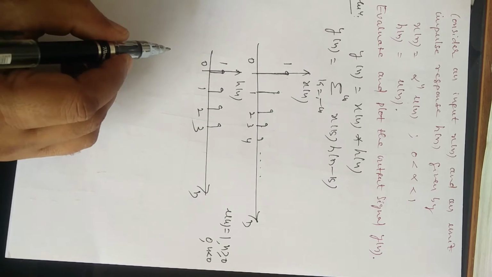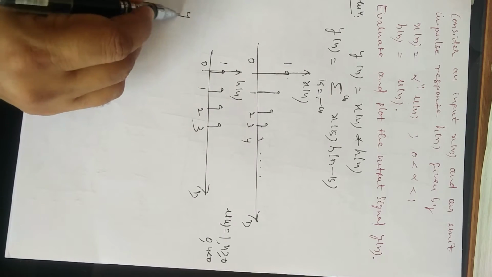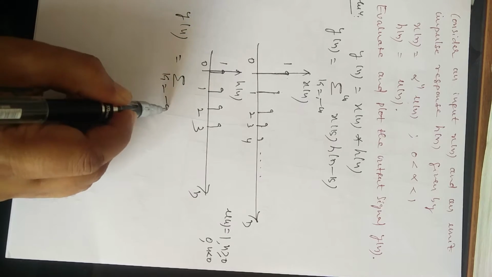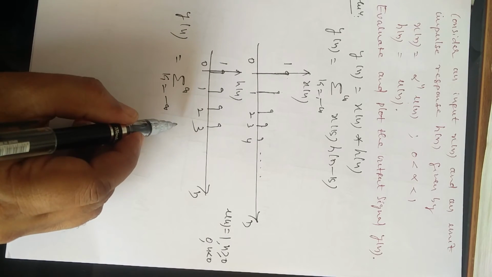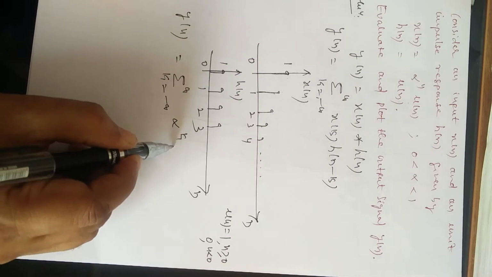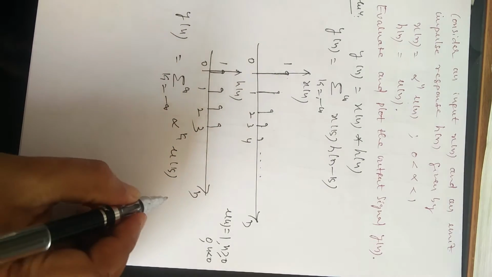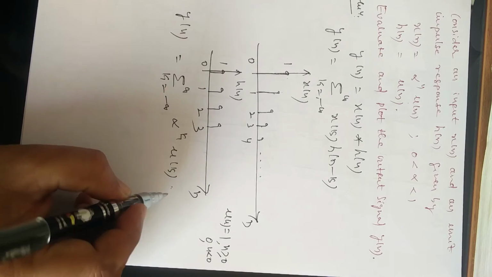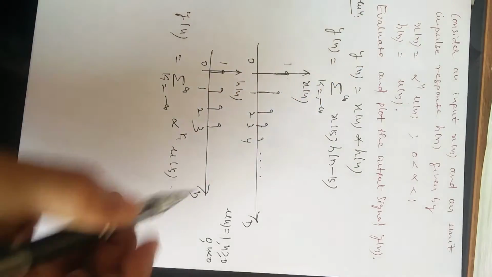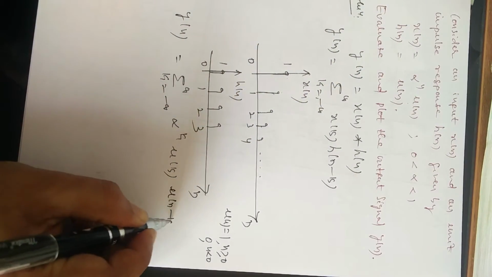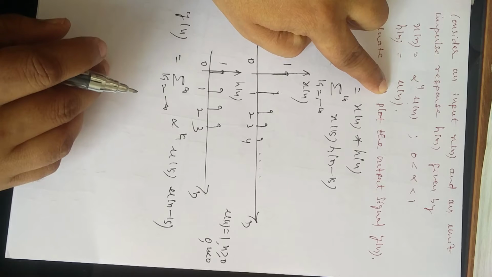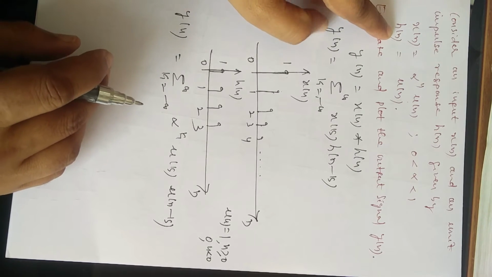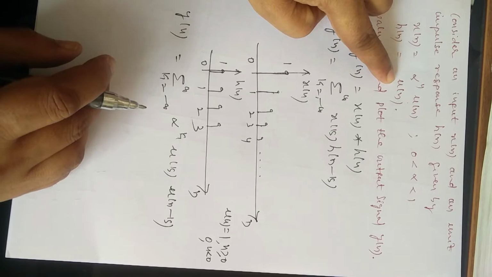Then y of n can be written as the summation of k from minus infinity to plus infinity of alpha to the power of k into u of k, multiplied by h of n minus k. h of n is u of n, so replacing n by n minus k, h of n minus k is equal to u of n minus k.